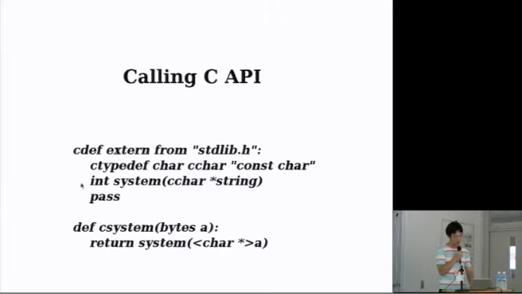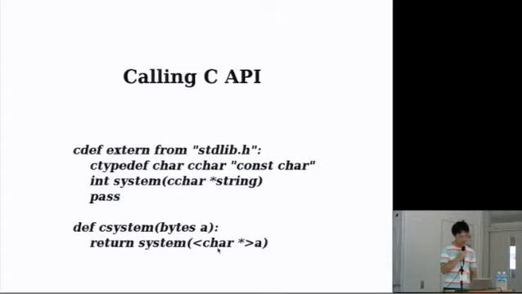And then I define a function. You just copy the declaration of your function and paste it here. It just works. And then you can call it directly, just like calling other Python functions.